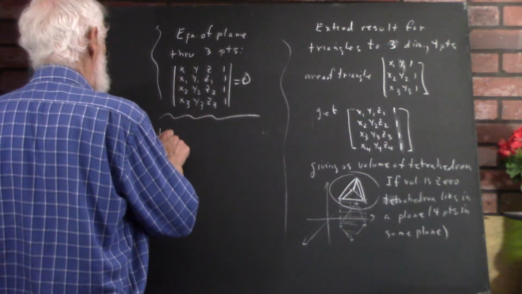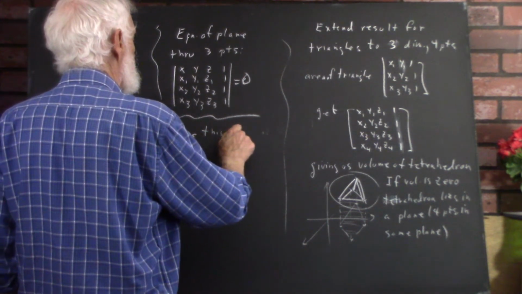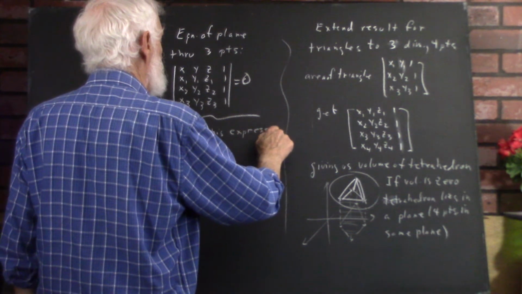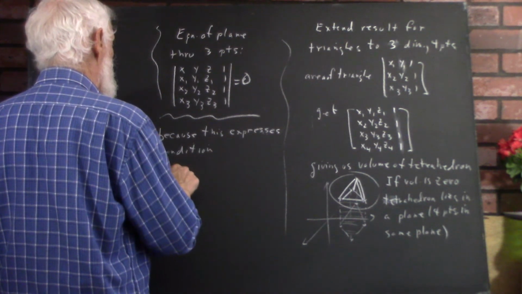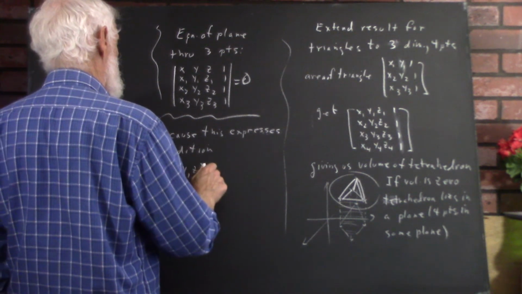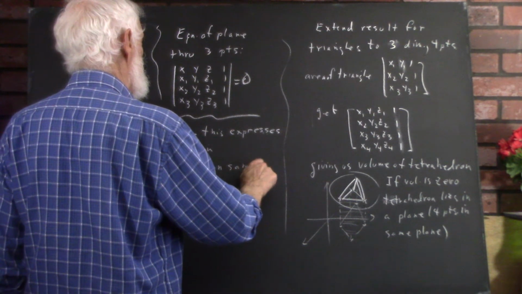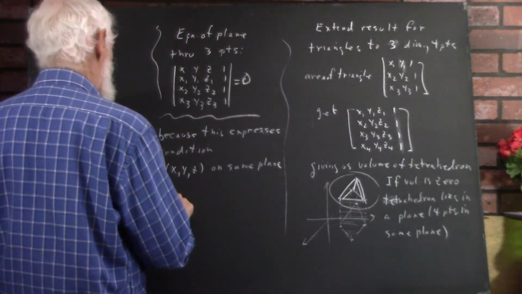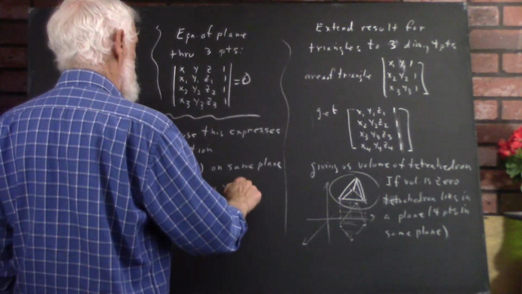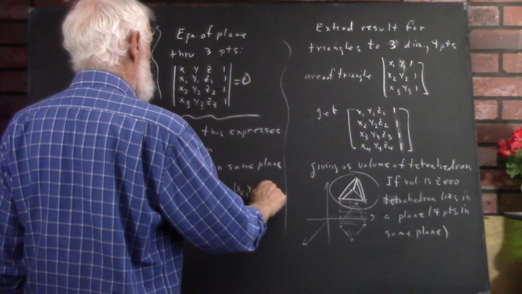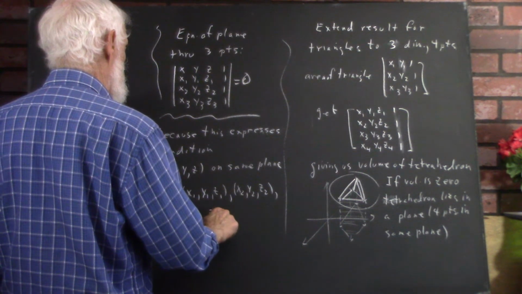This is because this expresses the condition that x, y, z is on the same plane as x1, y1, z1, x2, y2, z2, and x3, y3, z3.